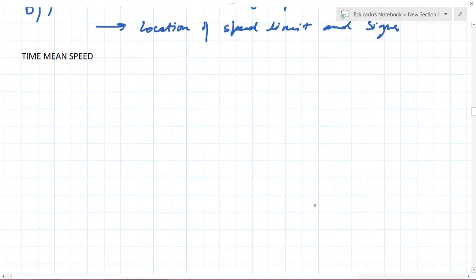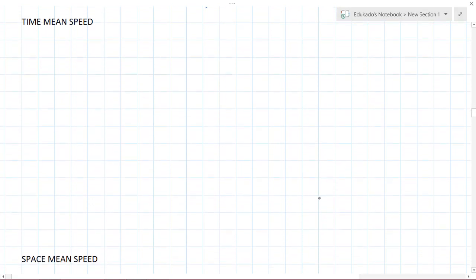Now let's come to the time mean speed. The time mean speed is the average speed of the vehicles passing through a single point. You can say it is calculated as the arithmetic mean of the speeds of vehicles.